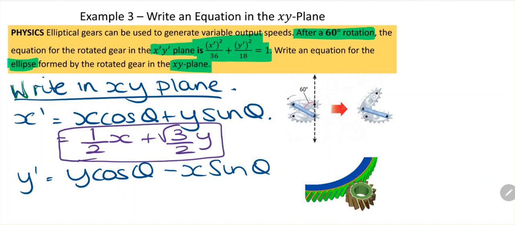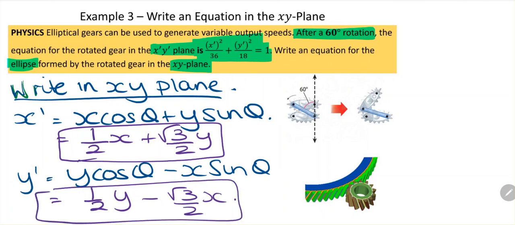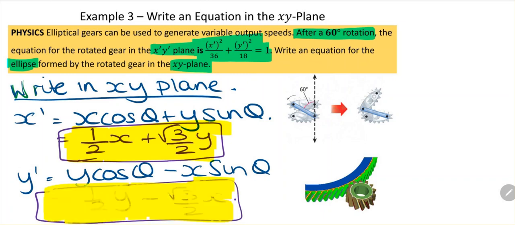And then for our y prime, this is going to be cosine of 60, so we've got a half y, and then it's minus sine of 60, so this is going to be minus root 3 over 2, and this is x. So these are the formulas that we need to use. Now we could write them just over 2.